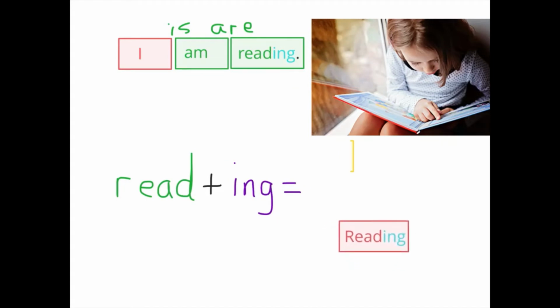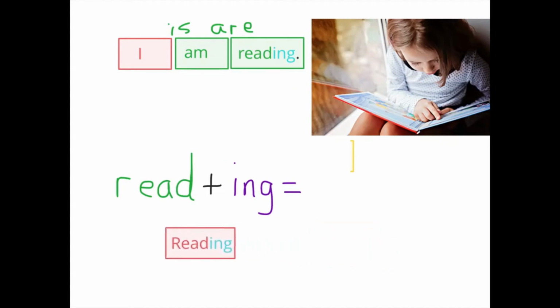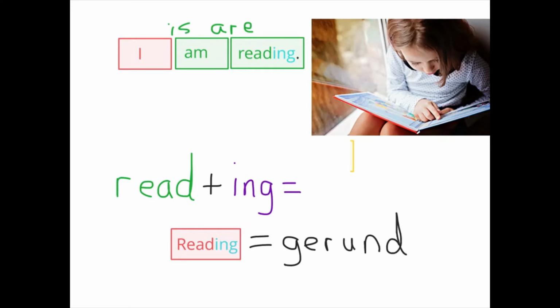But we can do something else with this as well. We can use this as the act of reading, and then we're going to be able to use this like a noun. And this kind of noun has a special name, which you do not need to know or remember, and it is called a gerund.